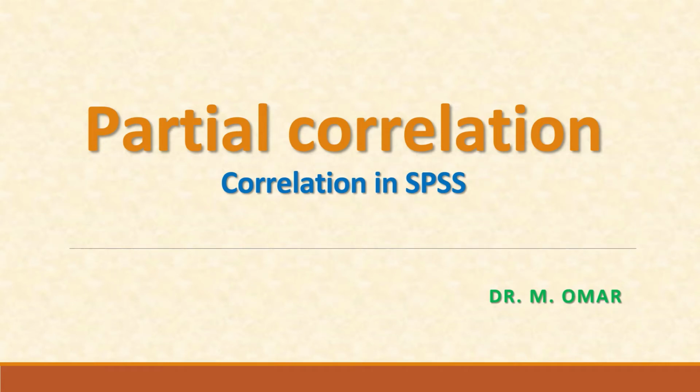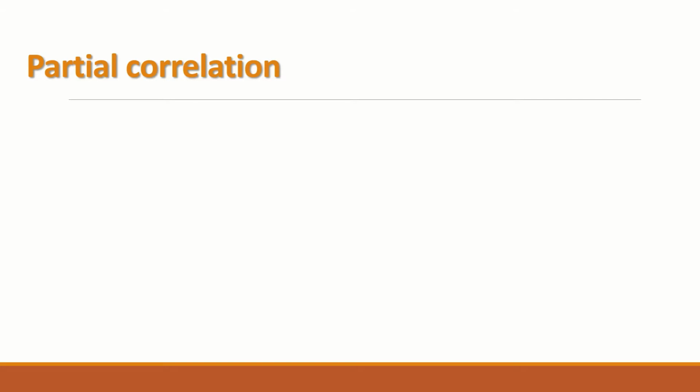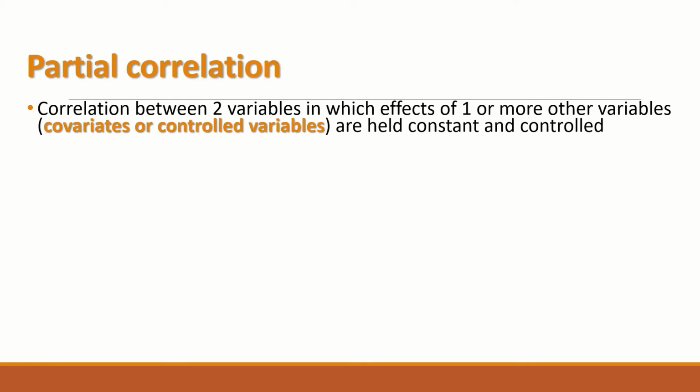Partial correlation. Partial correlation is a correlation between two variables in which the effect of additional one, two, three, or four variables, in this case called covariates or controlled variables, whether it's one or two or three or more, is held constant and controlled when we do the correlation between those original two variables.